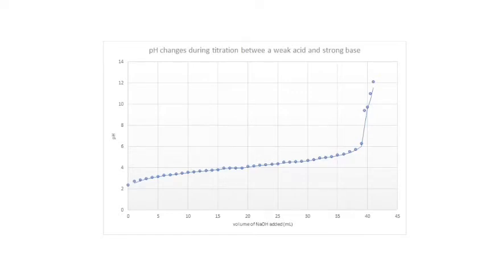So there's some things that we could identify. We can see that whole buffering region. We can identify our equivalence point as being about here, about 39.5 milliliters added. The pH at that point was just over 8. So there's our equivalence point.